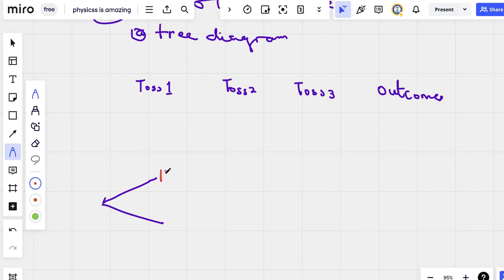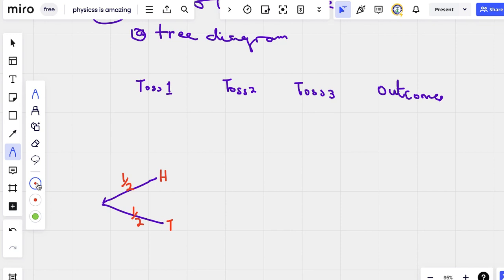If you toss your fair coin, it either comes up head or it comes up tail. So the probability of getting a head is 1 over 2. Let's write the probability by the side of the branch, that's what they asked us to do. You get head or tail, and the probability of getting a tail also is 1 over 2. This is for your first toss.